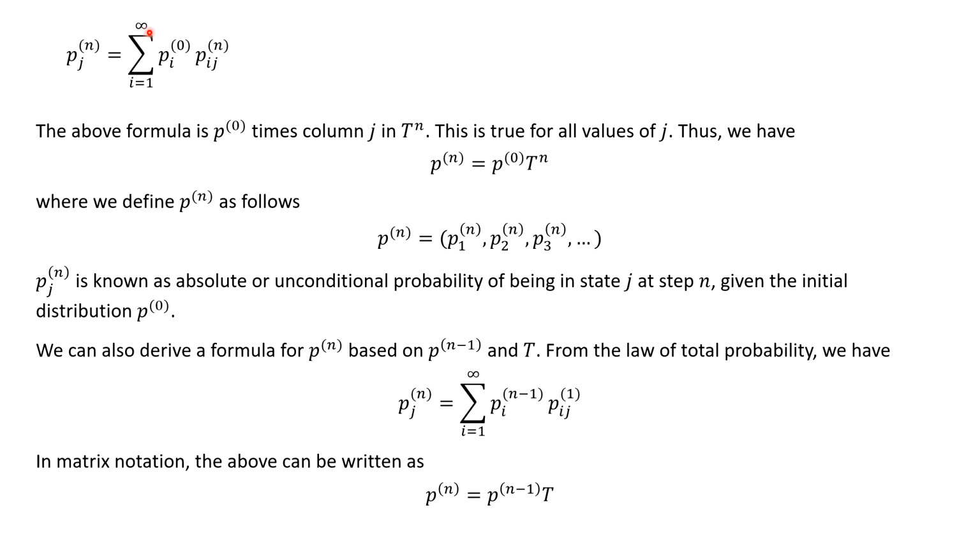We can write this in matrix notation. The above formula is P0 times column j of T to the n power, which is this thing here. This is true for each value of j, and thus we have this equation in matrix form. If we let Pn equal these for j equal 1, 2, 3, and so forth, and then you have your P0, which we defined on the last slide, then this equation and this are the same.